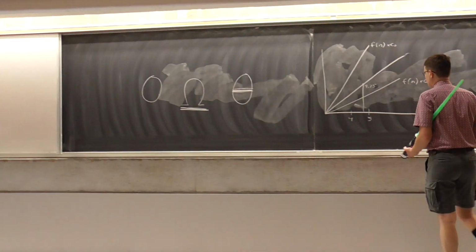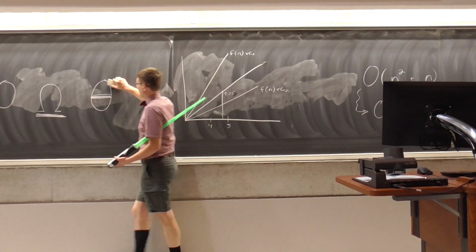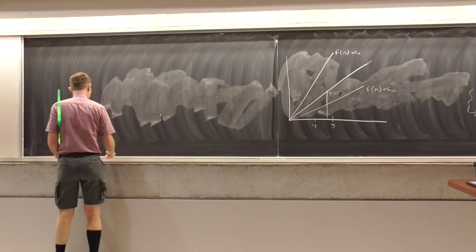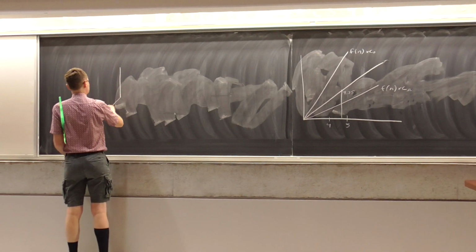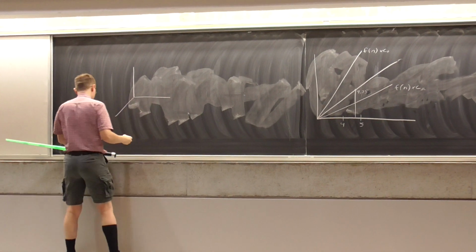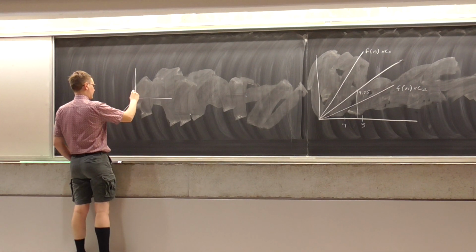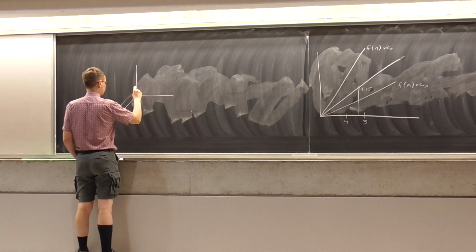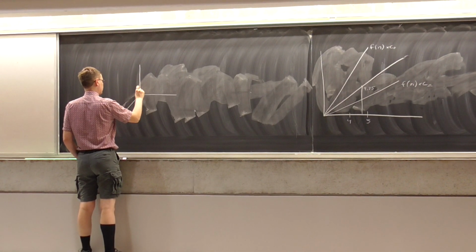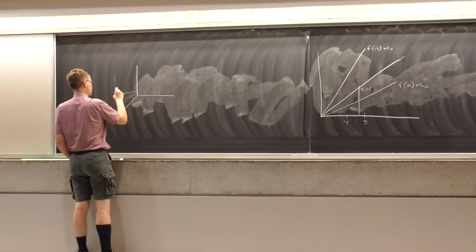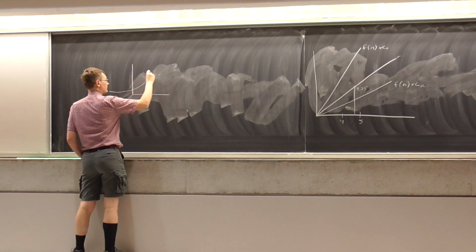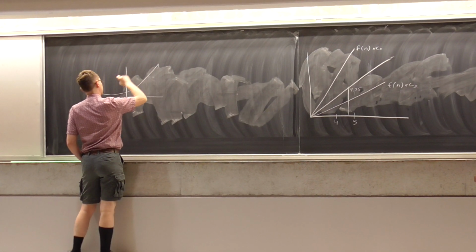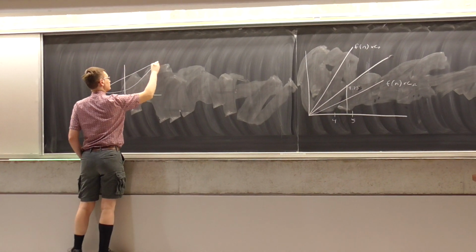Now we're going to test the prof's drawing skills to the limit. Let's say you had a volume, and let's say you had a plane that was going up like that, so that it was like that, right?